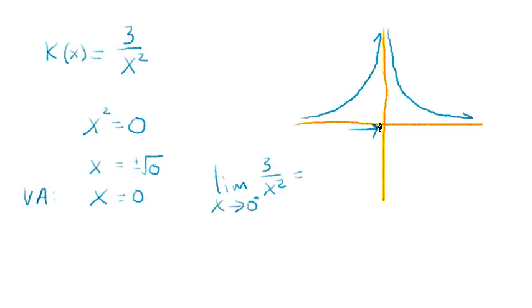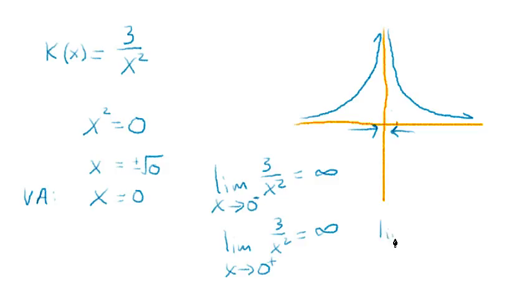Well, it's increasing quickly, isn't it? So this is technically going to positive infinity, and if we did x is going to 0 from the right of 3 over x squared, coming in from this direction, it's also going to infinity.